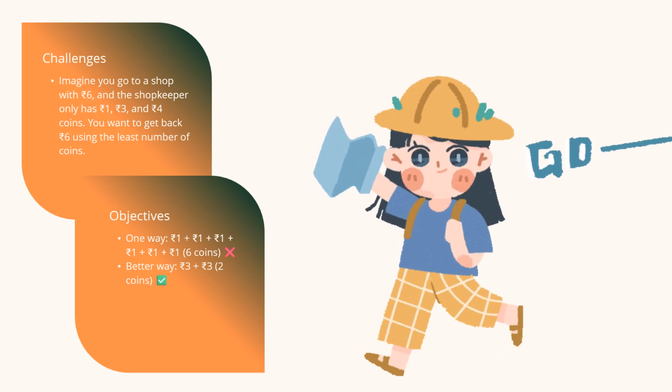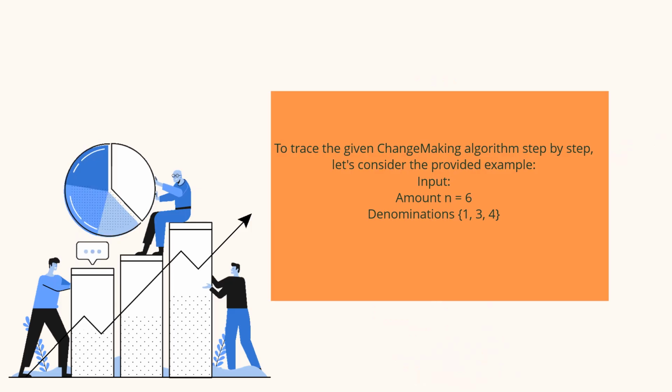Now for that, what we should do is to trace the given change making algorithm step by step. Let us consider an example provided in the textbook. The input amount is 6, and denominations is nothing but the set out of which you are supposed to get the value 6.